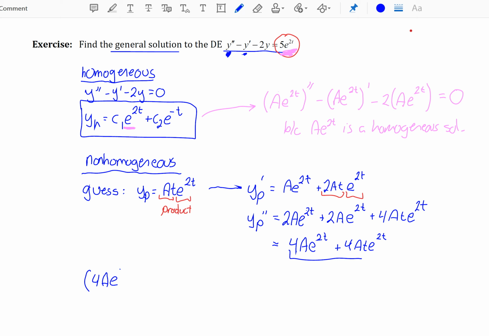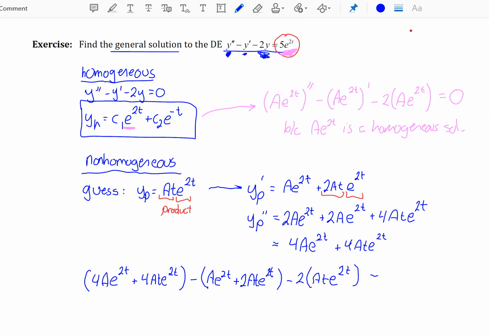So 4a e to the 2t plus 4at e to the 2t, that's our second derivative, minus our first derivative, which would be a e to the 2t plus 2at e to the 2t, and it'd be minus 2 times our original function, so minus 2y, which is at e to the 2t.